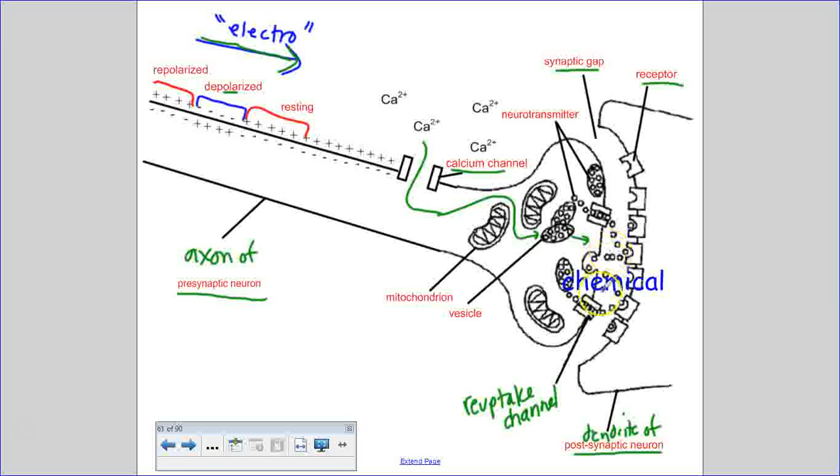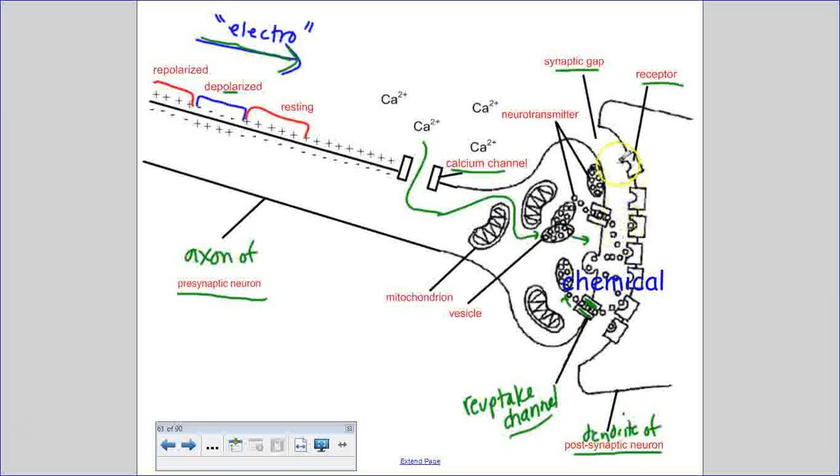On this diagram, we have what we call reuptake channels. So here's one here, pointing to the one at the bottom. Basically, it does what the name suggests. It takes the neurotransmitters back in, and they will get stored in vesicles again. That's one way. Another way is by having them be broken down.